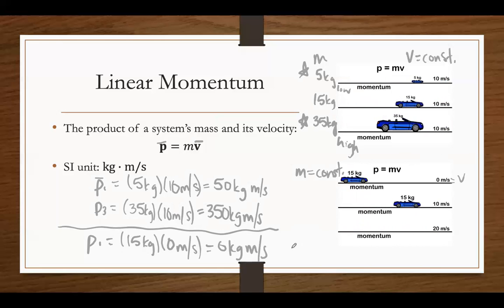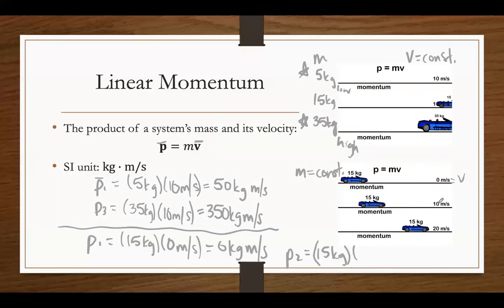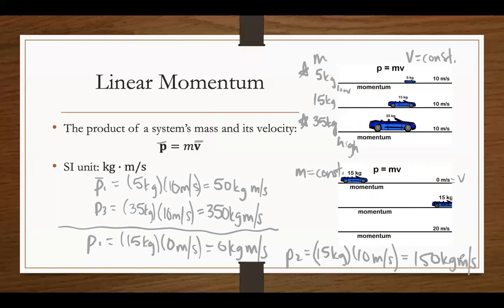If I look at the second one, I have 15 kilograms times my velocity, which is 10 meters per second. So that gives me 150 kilograms meters per second.